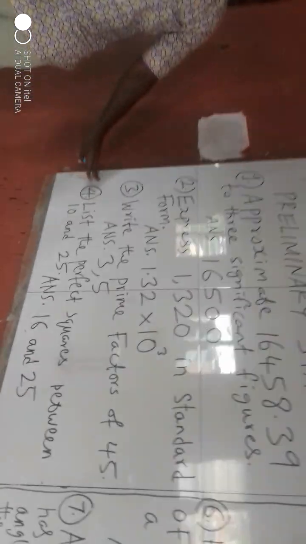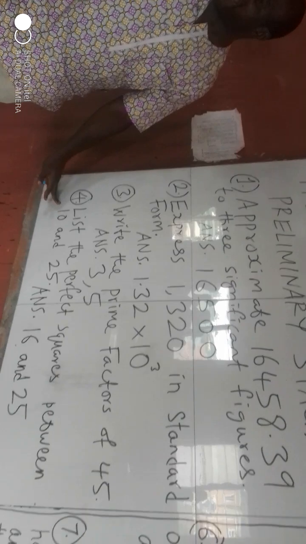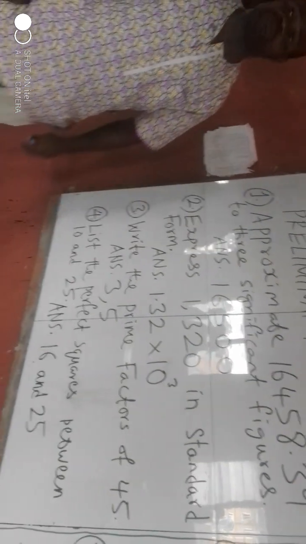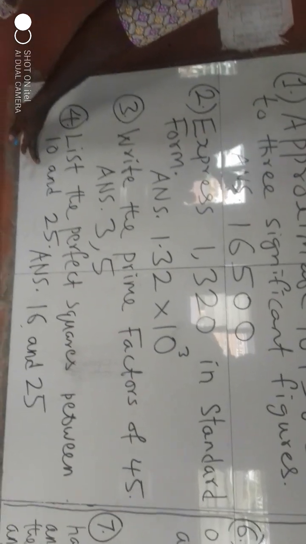They said list the perfect squares between 10 and 25. A perfect square number is a number whose square root is a whole number.